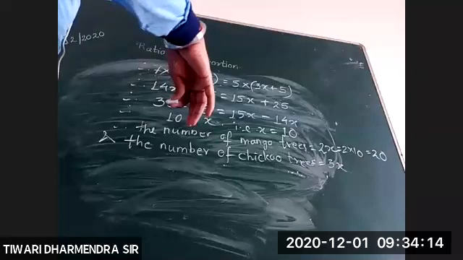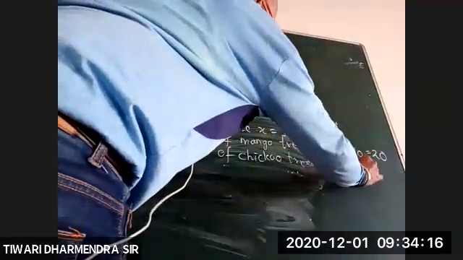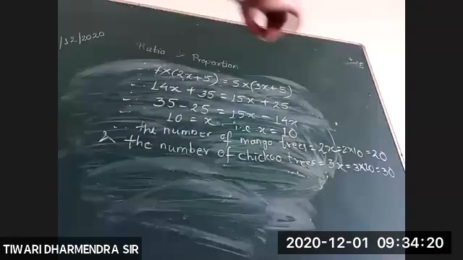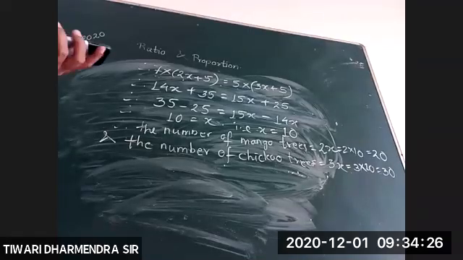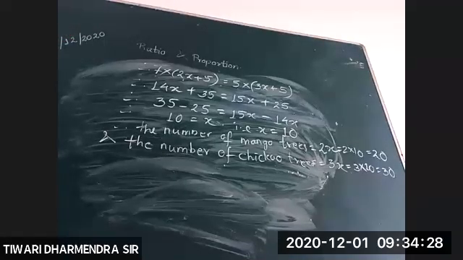And the number of chiku trees is 3x, means 3 into 10, which is 30. So we got the numbers and we have completed this problem. Hope you understood this.